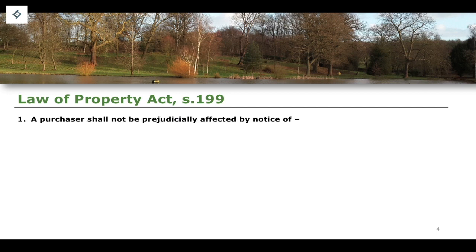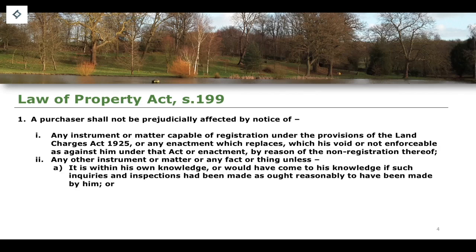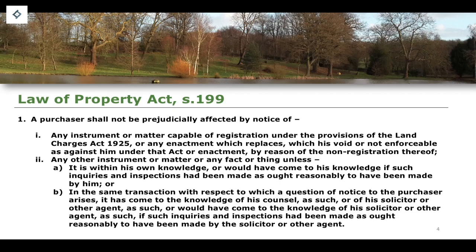A purchaser shall not be prejudicially affected by notice of any instrument or matter capable of registration under the provisions of the Land Charges Act 1925, or any enactment which replaces it, which is void or not enforceable as against him under that Act or enactment by reason of non-registration thereof, or any other instrument or matter of fact or thing, unless it is within his own knowledge, or would have come to his knowledge if such inquiries and inspections had been made as ought reasonably to have been made by him, or in the same transaction with respect to which a question of notice to a purchaser arises, it has come to the knowledge of his counsel, as such, or of his solicitor or other agent, as such, or would have come to the knowledge of his solicitor or other agent, as such, if such inquiries and inspections had been made as ought reasonably to have been made by the solicitor or other agent.